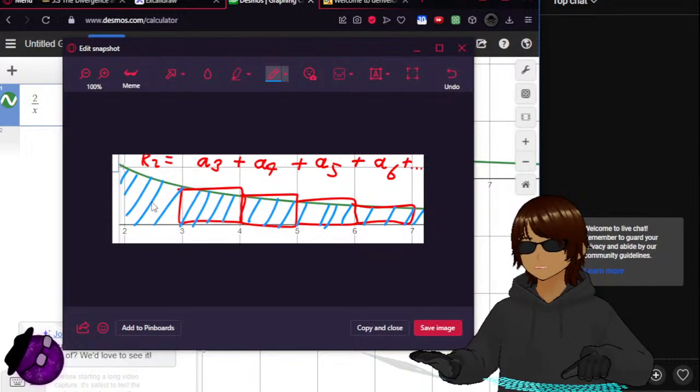This is bounded above by this blue area and then bounded below by this green area.